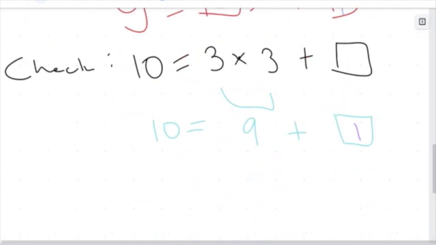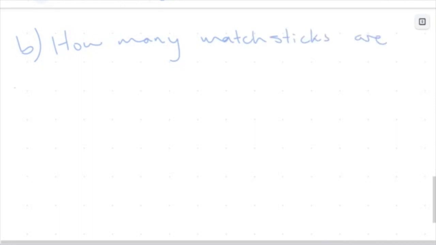Now that we have a rule that goes all the way through, we can answer all sorts of questions. I can say, for example, let's call this part B of the question. How many matchsticks are required to make 10 squares?